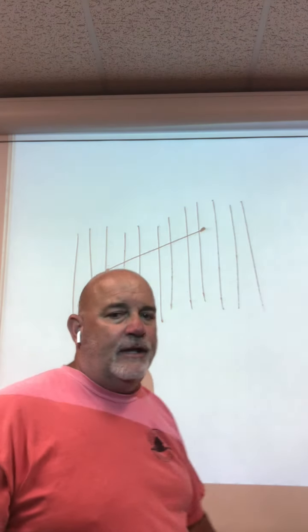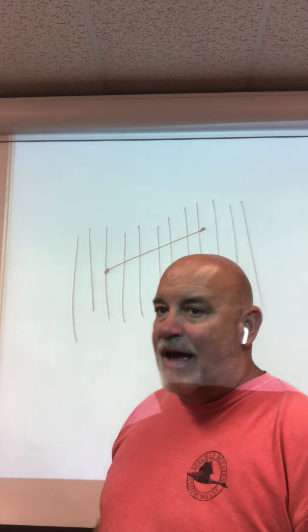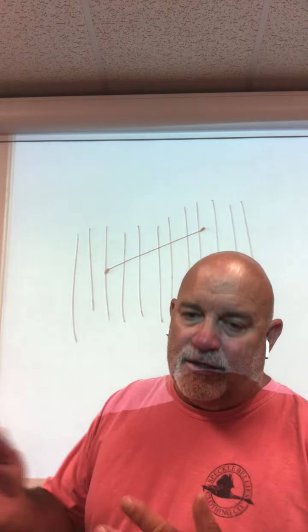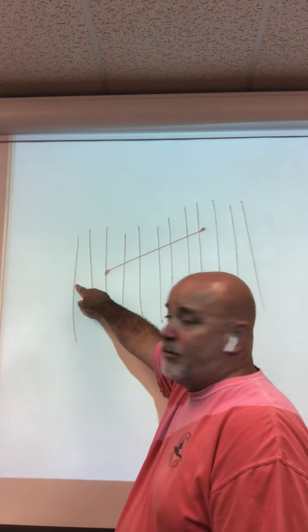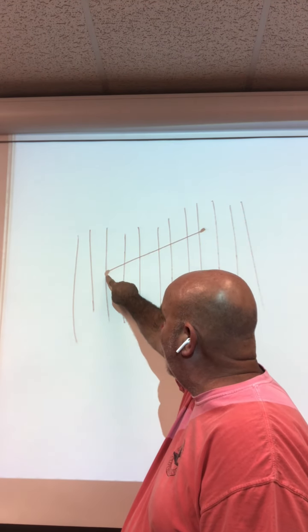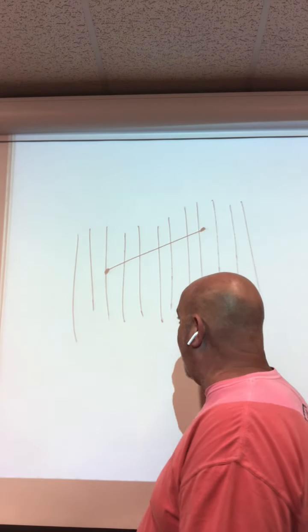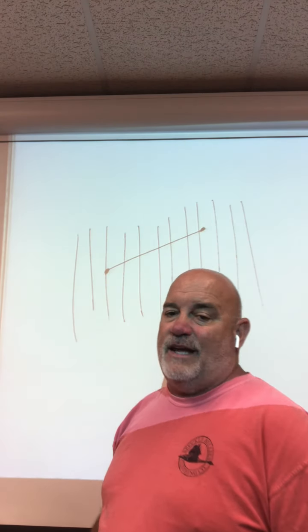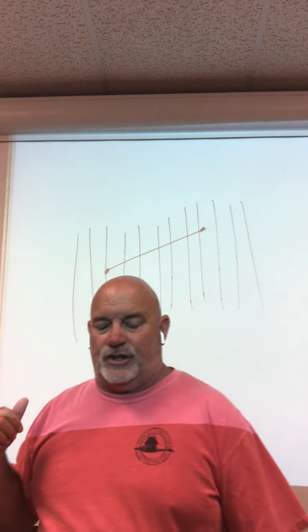If every vertical line you draw intersects the graph at most once, that means no more than once, not twice or more times. If it doesn't touch it, it's okay. If you draw a vertical line and it touches it once, that's okay. So this graph passes the vertical line test. So that means this graph is a function.